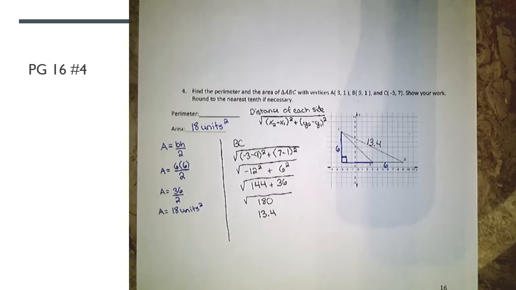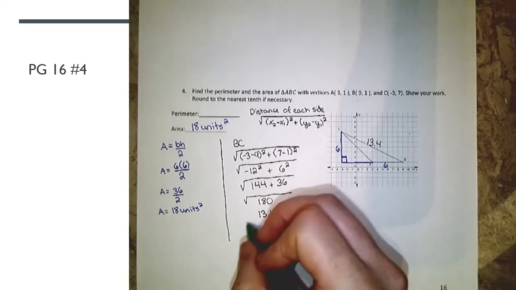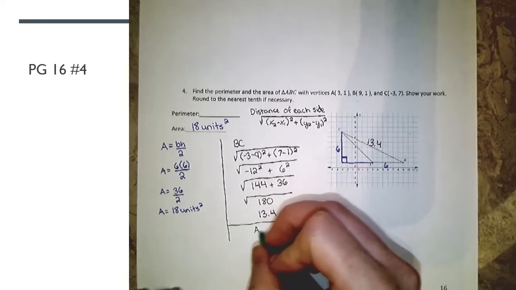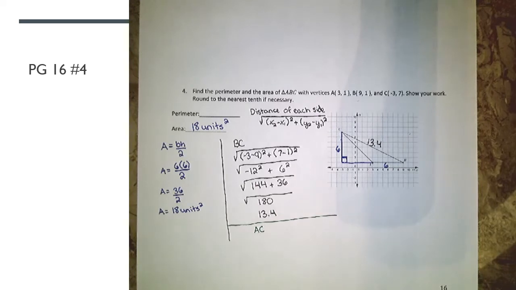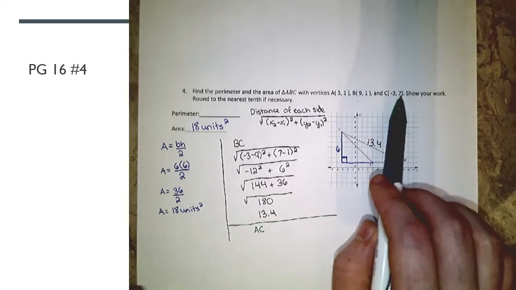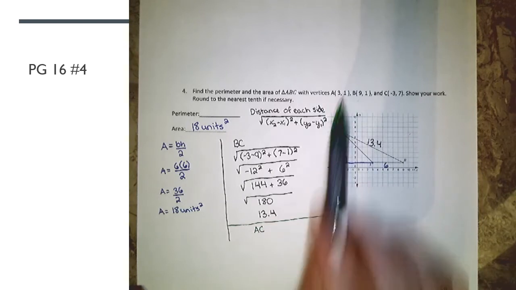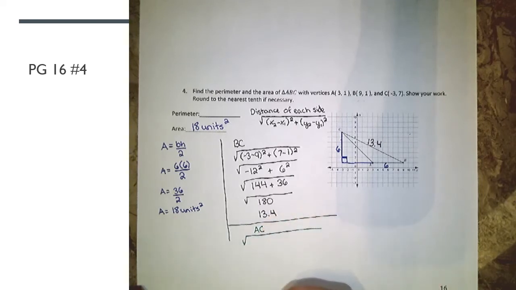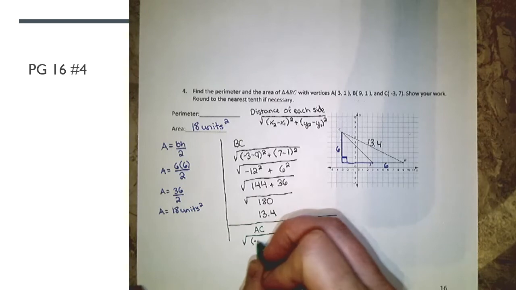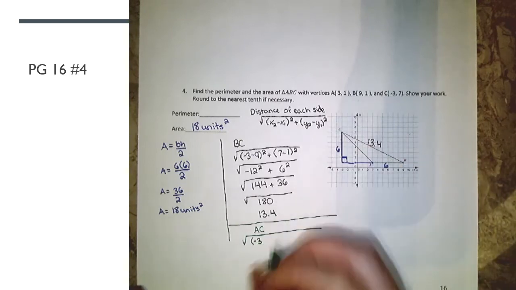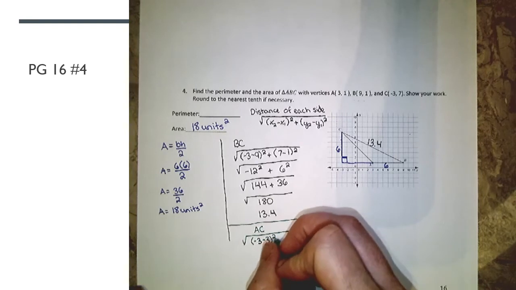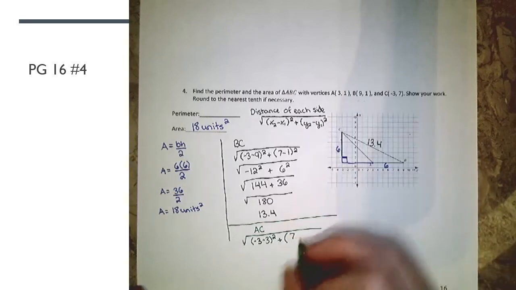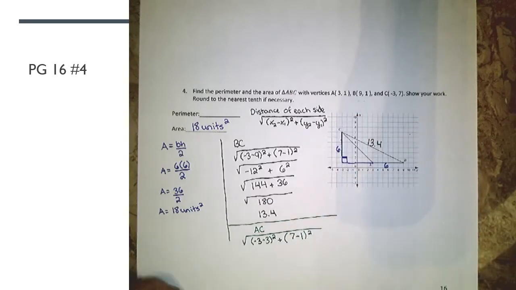So next one that we want to find would be the length of A to C. That's the last one we need to find. So just like the last one, I'll make C my x2, y2, and A my x1, y1. So when I do this, I will have (negative 3 minus 3) squared plus (7 minus 1) squared.